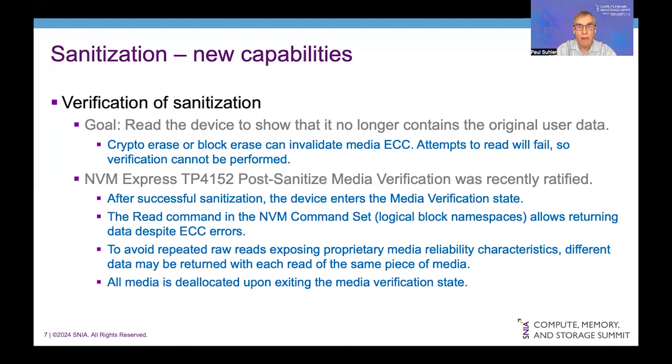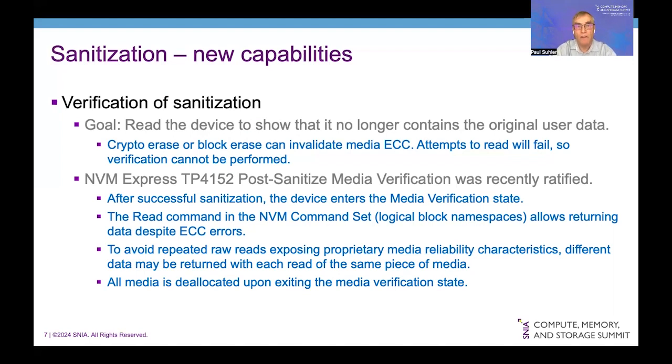Now, the media manufacturers pointed out a problem: if a person with their device will repeatedly perform this read on the same locations, if they do enough reads, they can derive the media reliability characteristics, for example, the uncorrected bit error rate. Uncorrected bit error rates are extremely proprietary and no one wants those to be disclosed.